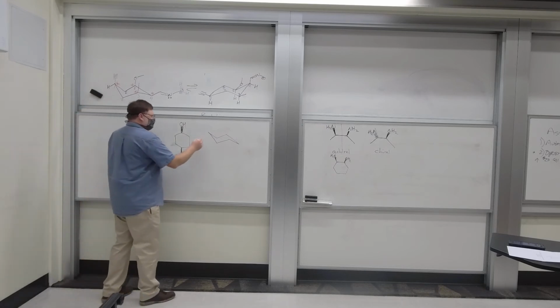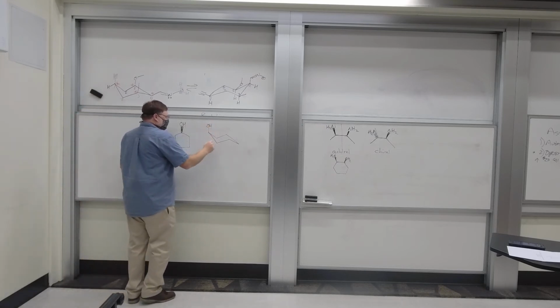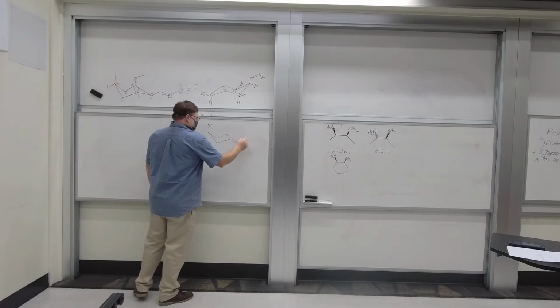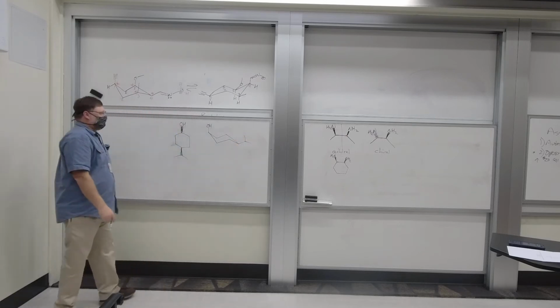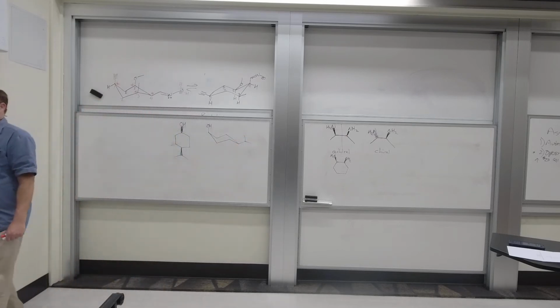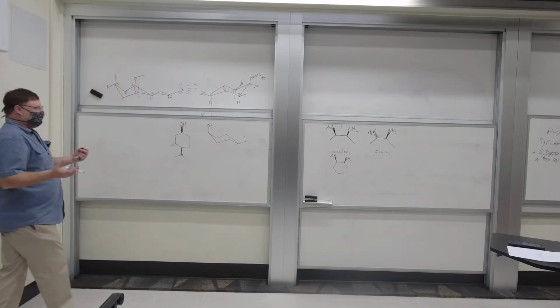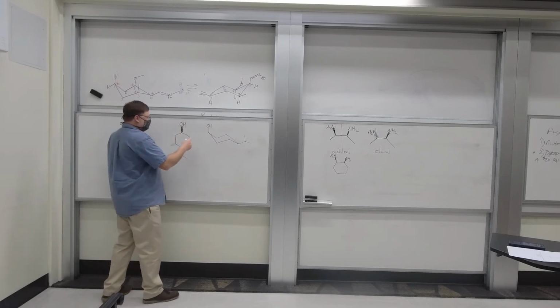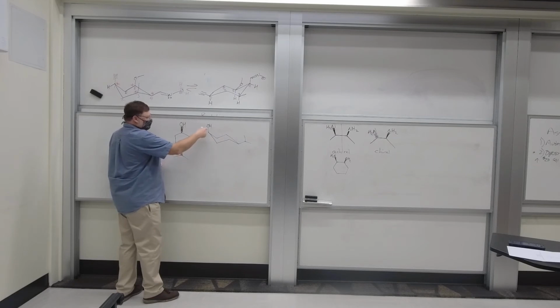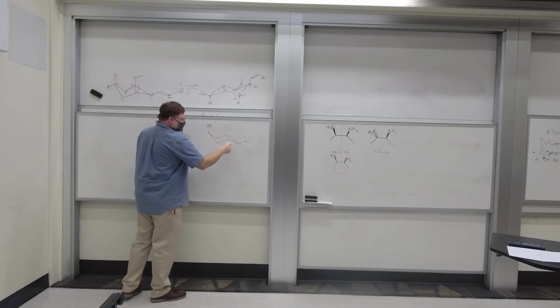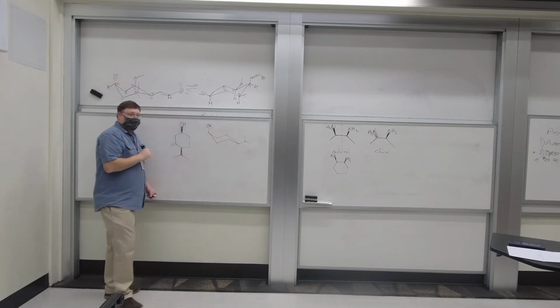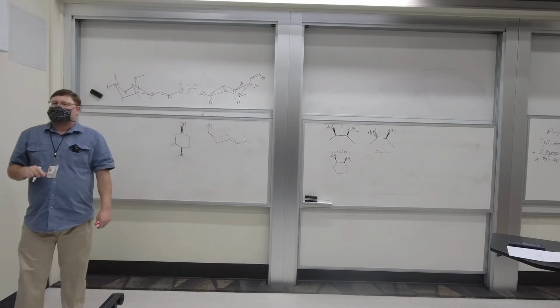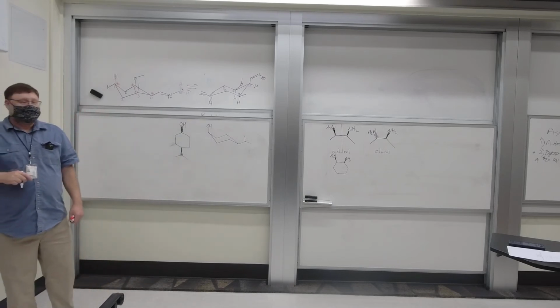You're like, well, okay, OH is up, isopropyl's up, bang, you're done. That's the most stable cyclohexane right there. It's the most stable because both groups, so cis 1,4 cyclohexanes, they can't both be axial, or sorry, they can't both be equatorial. OH is axial, isopropyl's equatorial, isopropyl's the bigger group. There you go, that's the most stable one.